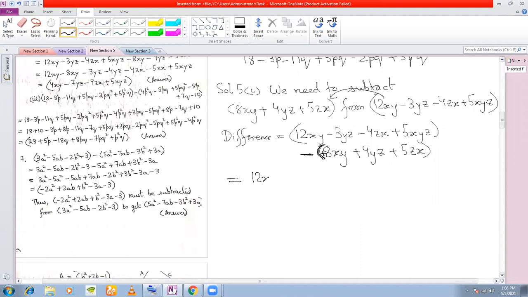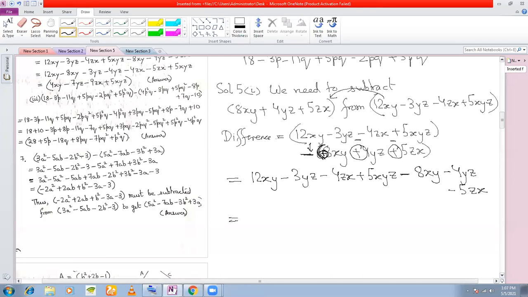So the first expression we write as it is, 12xy minus 3yz minus 4zx plus 5xyz. And when we are opening the brackets, this plus sign, because there is this minus sign outside the bracket, will change to a minus sign. You get minus 8xy. This sign will change to a minus sign, so minus 4yz. And this plus sign will also change to a minus sign, minus 5zx.